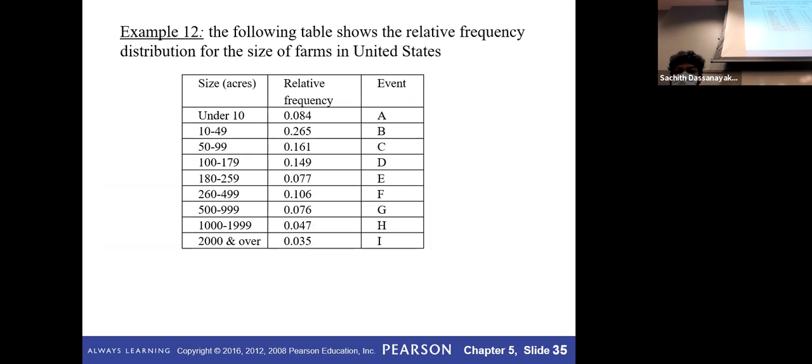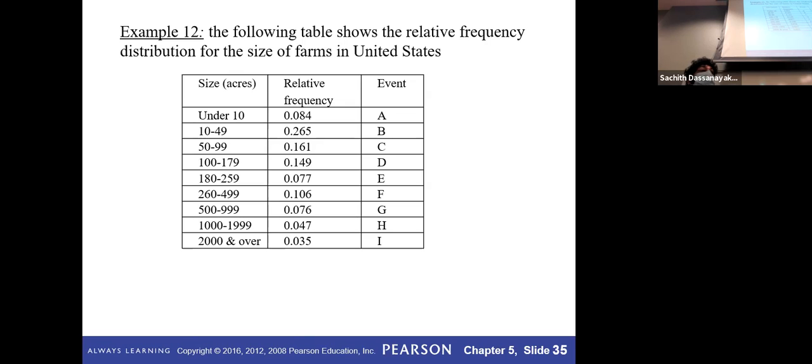This is okay. Let's do this only. I'm not going to do everything, but I'll give you a brief idea. This one is just a table. The first column is acres, which are continuous numbers. This table is a limit grouping, not cut points: 10 to 49, 50 to 99.